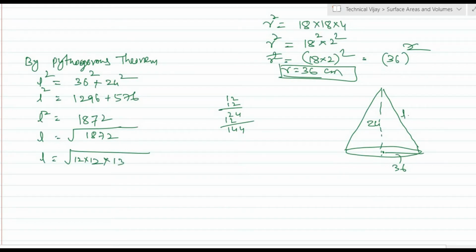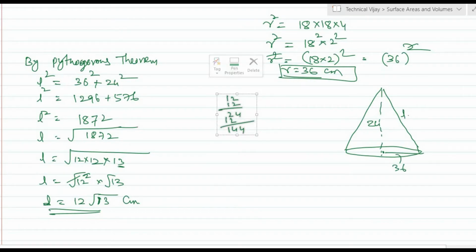So L is equal to 12 square into root 13. We take the 12 square outside, root and square get cancelled. So L is equal to 12 root 13 centimeter. So this is the solution.